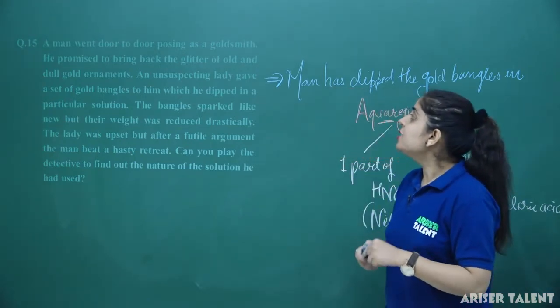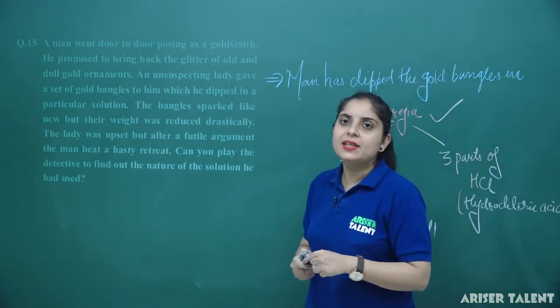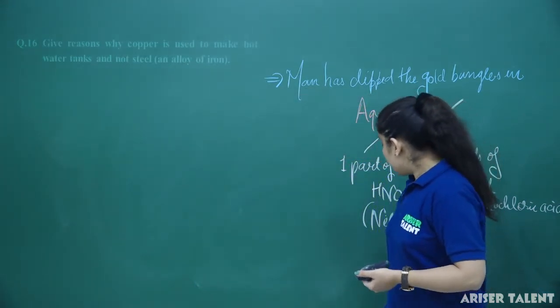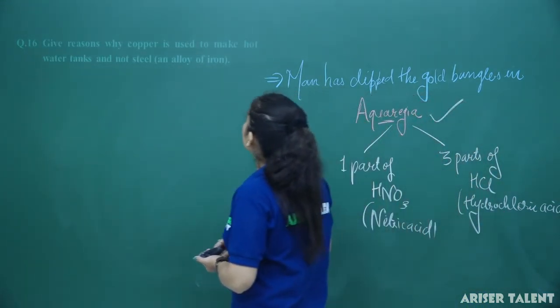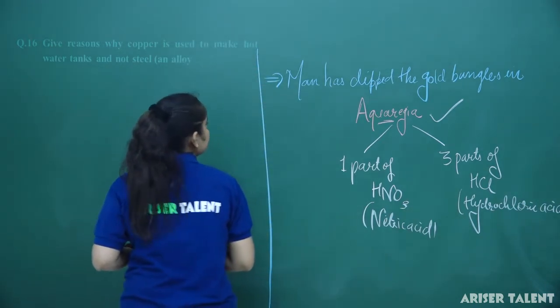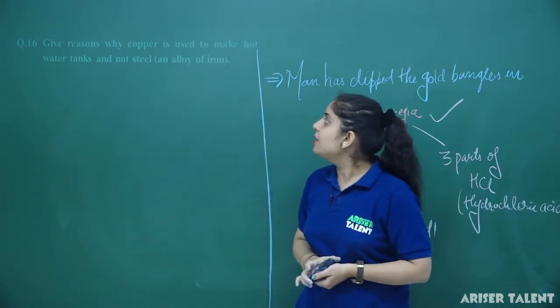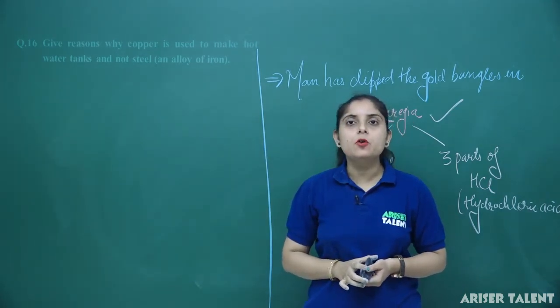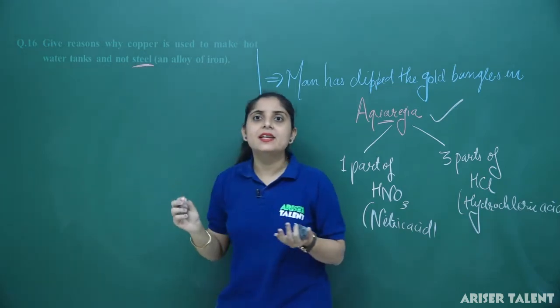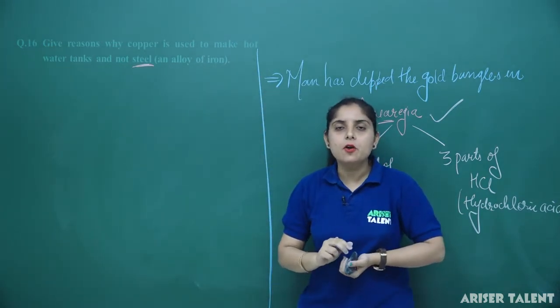Now let's move to the last question of our NCERT, that is question number 16. The question is, give reasons why copper is used to make water tanks. You have seen that water tanks are generally made of copper and not of steel.